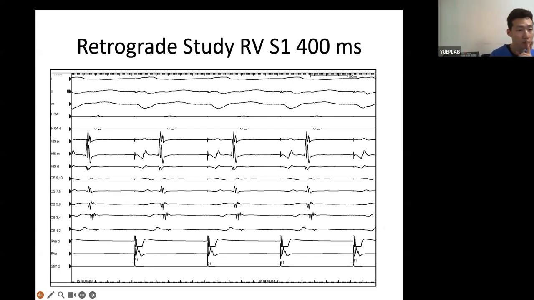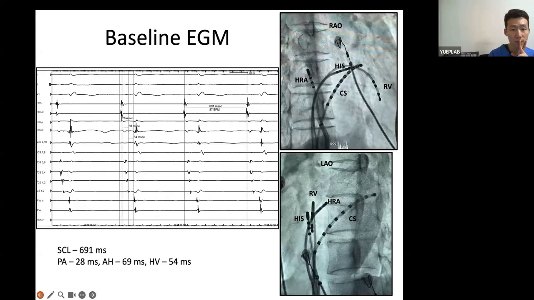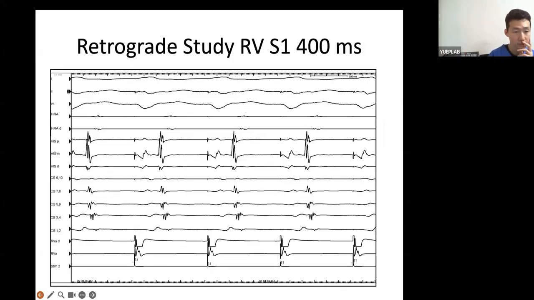But if you look at your baseline catheter placement, where's your catheter? You think in the RV? When you put in the initial catheter, your RV catheter was in the septum. Septum, yes. And then you can notice your RV EGM has a very sharp potential at the beginning, and then a kind of fragmented potential there.